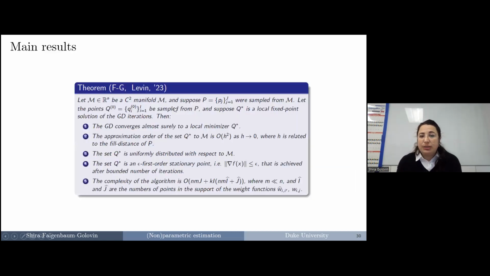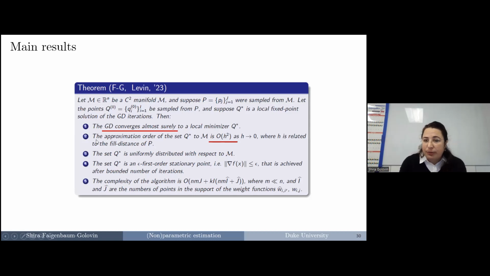And the question now is whether we converge in this gradient descent iteration at all. It is a very relevant question because we are talking about a non-convex optimization function, and it's not trivial that we will converge. But fortunately enough, we were able to prove that indeed the gradient descent converges almost surely to a local minimizer.